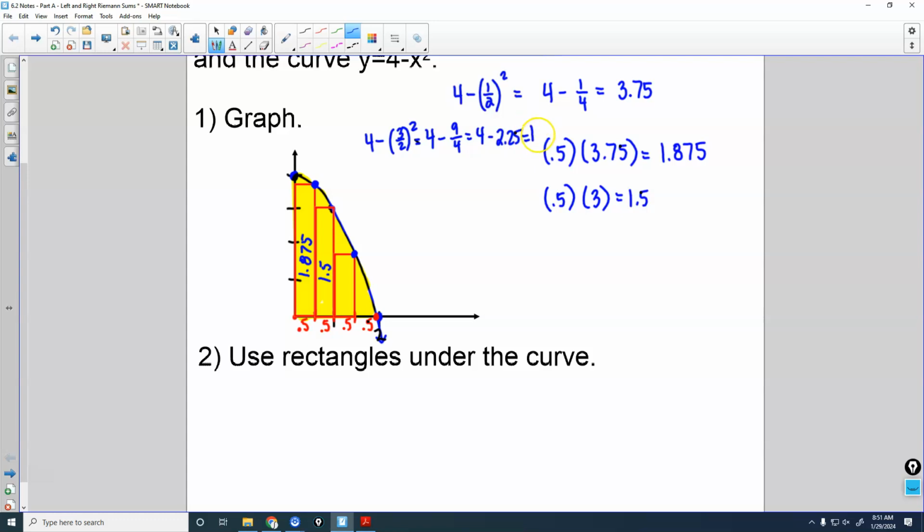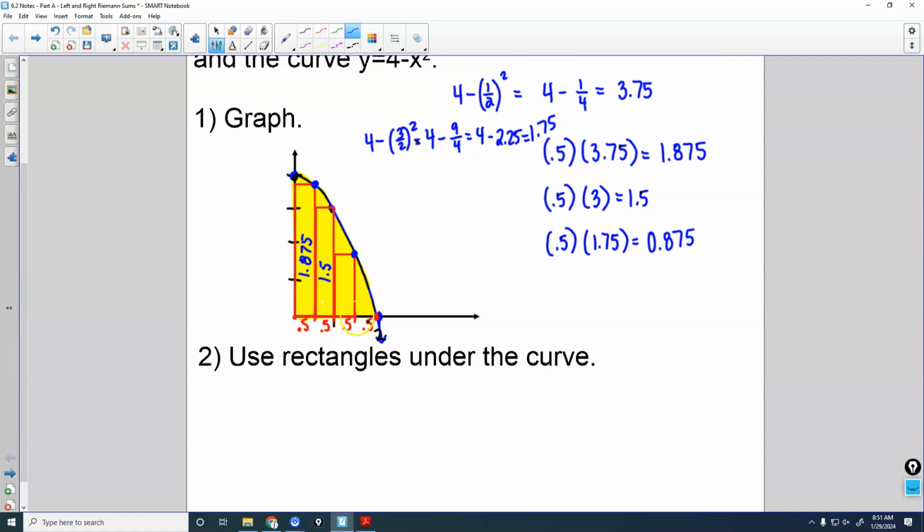So I'd get 1.75 for that. So if I do 0.5 times 1.75, I'm going to get 0.875.